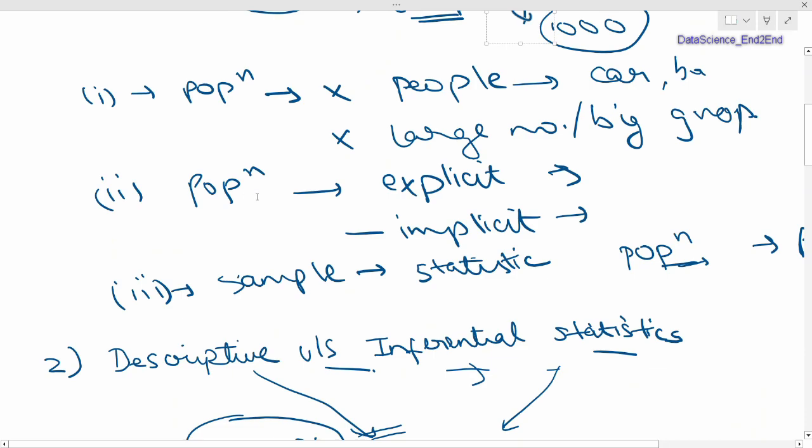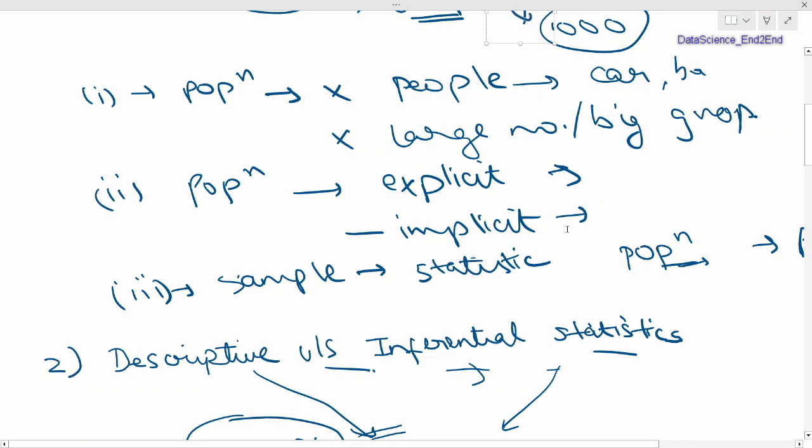The second important point is that population can be defined as explicit or implicit based on the use case of a researcher. If the researcher has clearly defined what the population is, then we say that the population is explicitly defined, while if the population is defined vaguely, then it is implicitly defined.